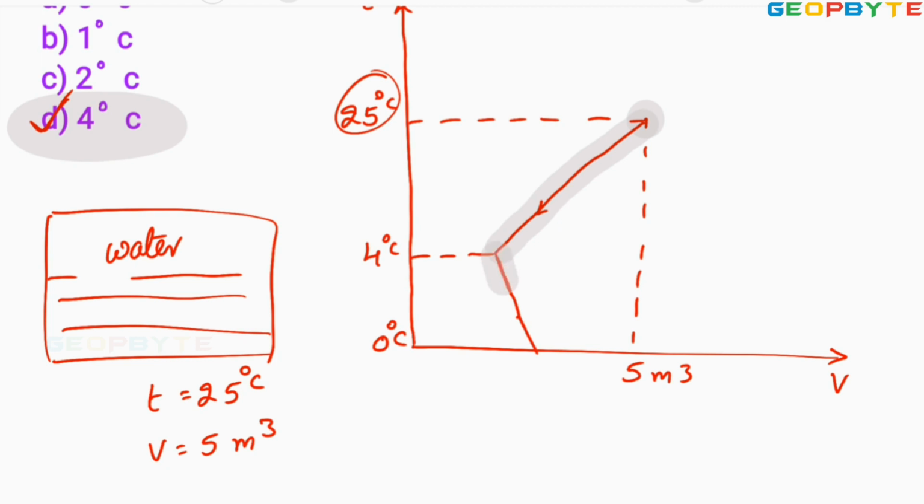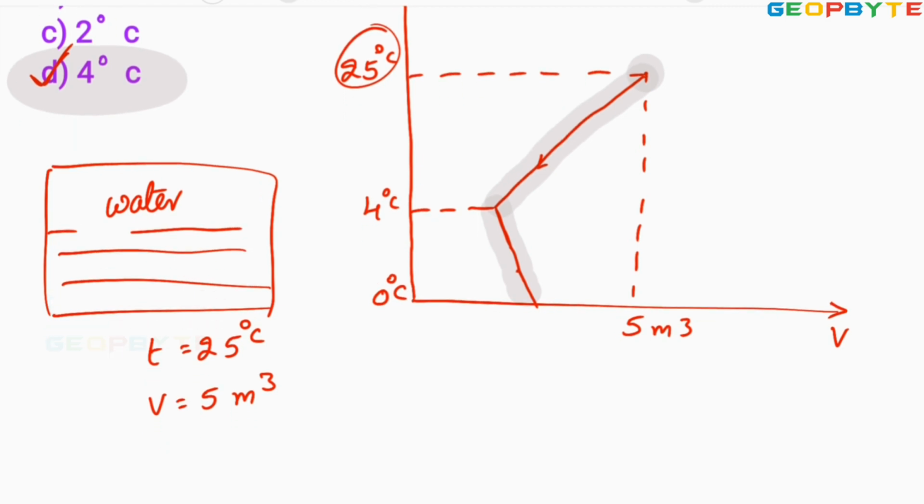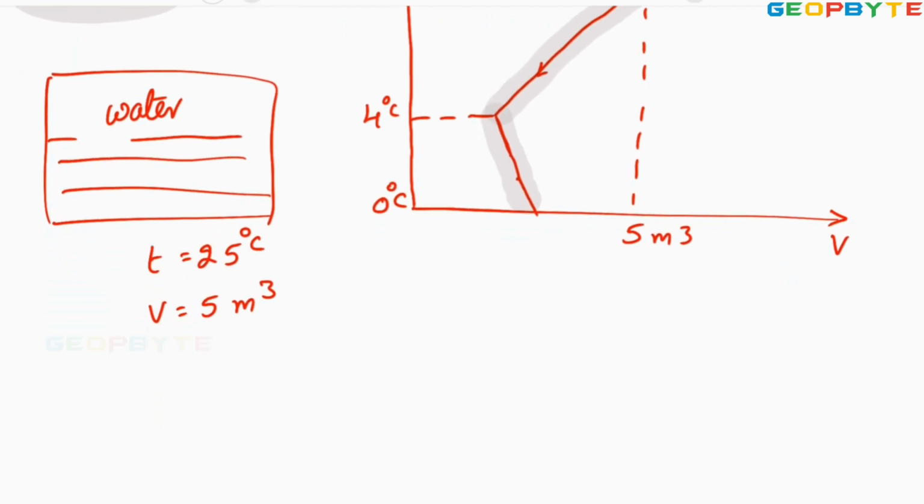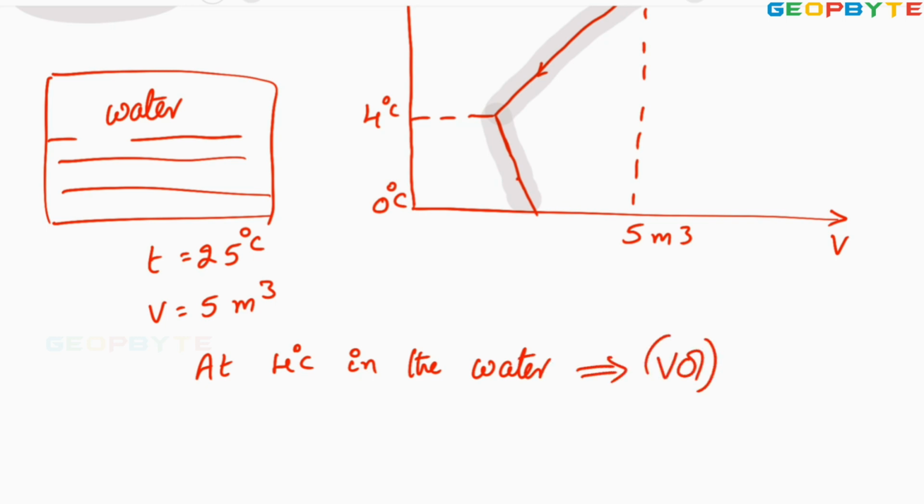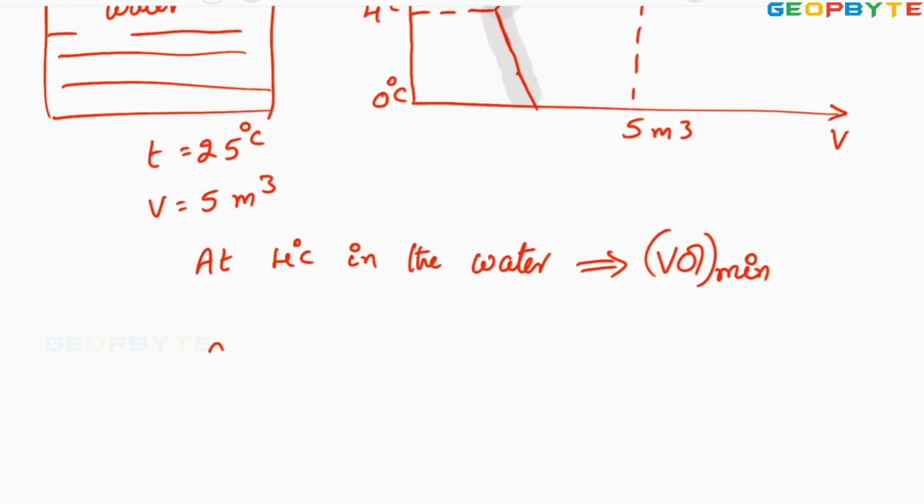And from 4 degrees centigrade to 0 degrees centigrade, volume increases. It means at 4 degrees centigrade, in the water, volume is very less. Volume is minimum.